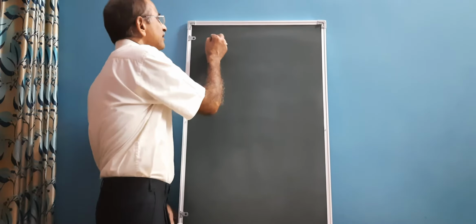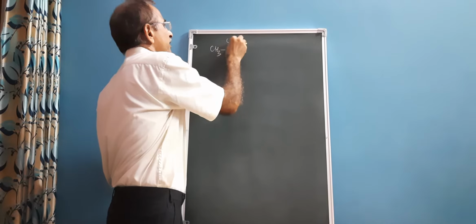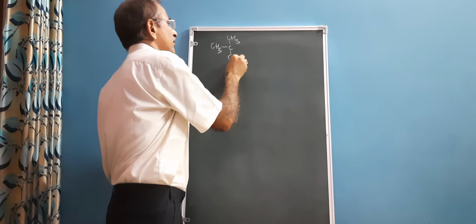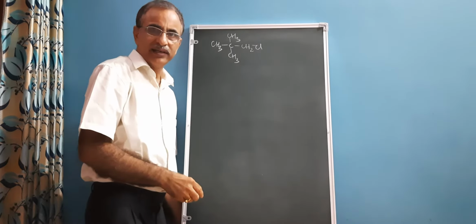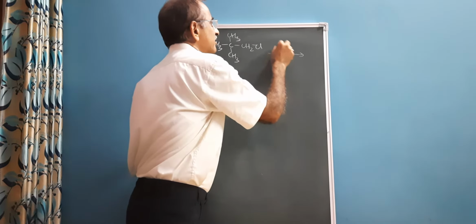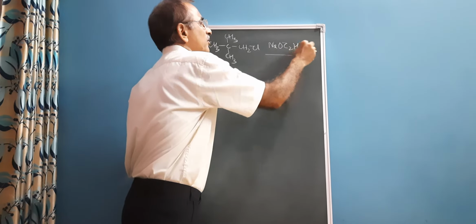Now let's consider some other example. Here, if you are having such a type of haloalkane, this primary haloalkane, and we are treating it with, let's consider, sodium ethoxide, then what will be the product formed?